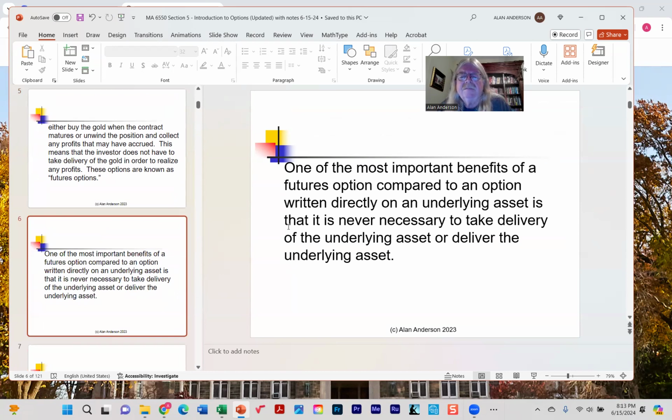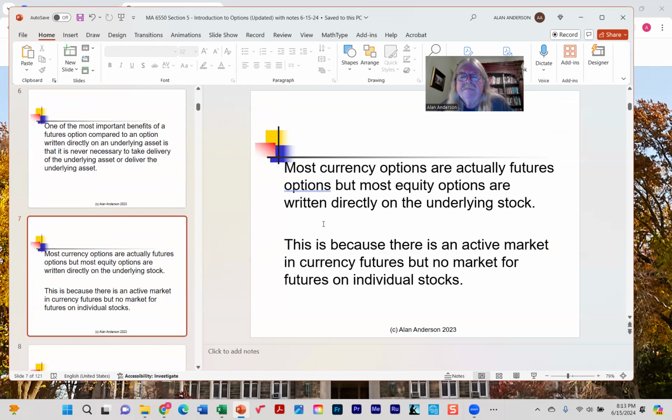All right, anyway, currency options typically are futures options. Equity options are usually not futures because there do not exist futures contracts on individual stocks. So if I buy an option on Apple, for example, it's an option to buy the Apple stock, which gives me the right to buy it.